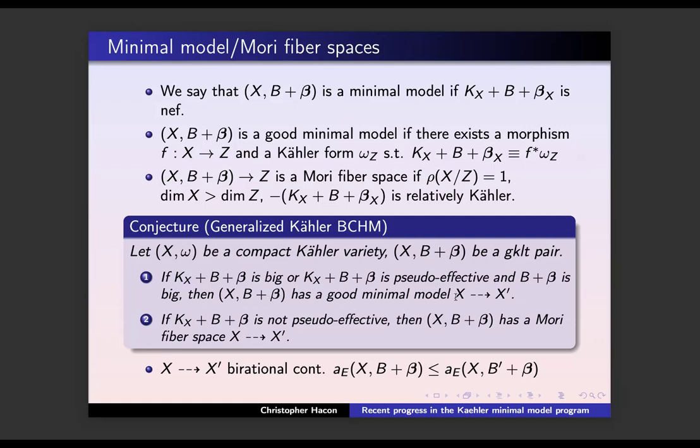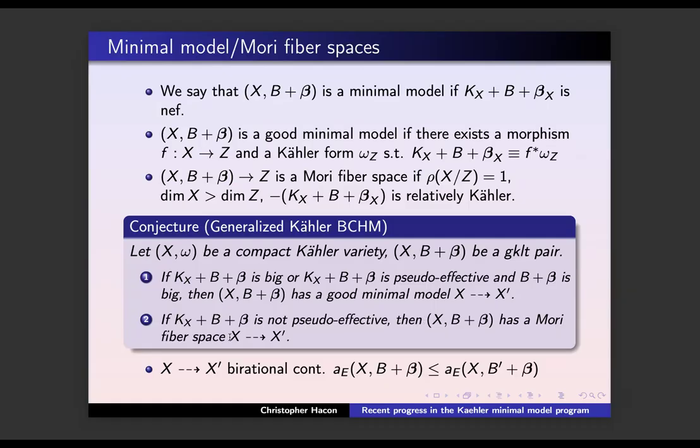So you have a birational contraction from X to X' that behaves well with respect to the discrepancies, improves the singularities, such that on X', the class becomes NEF, and in fact, the pullback of a Kähler class from some morphism. And if K_X + B + β is not pseudo-effective, then we conjecture that we have a Mori fiber space.